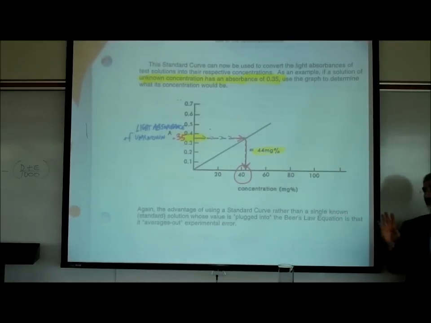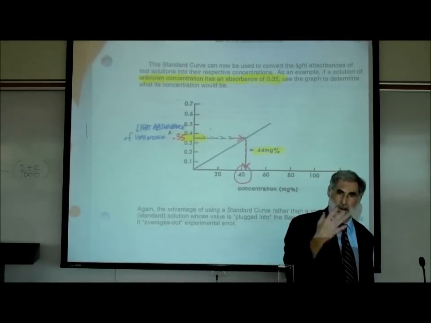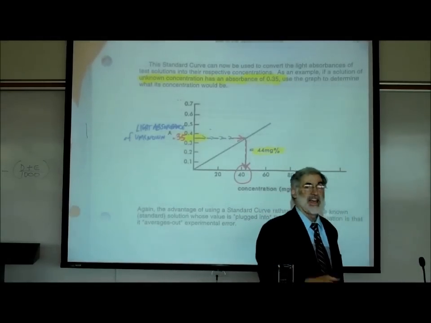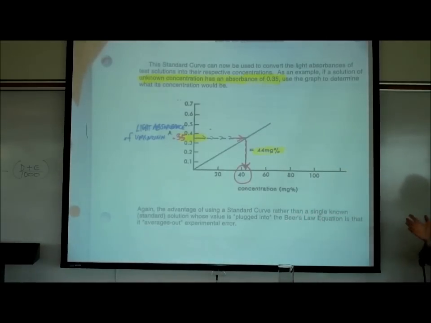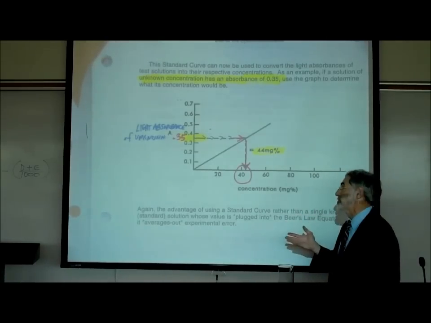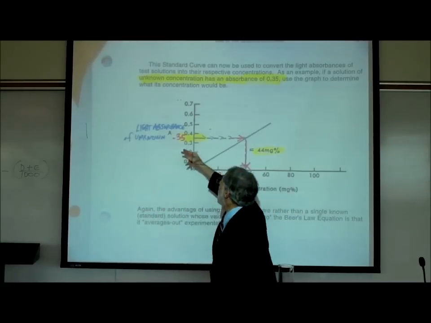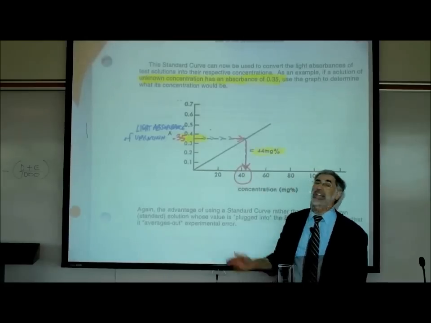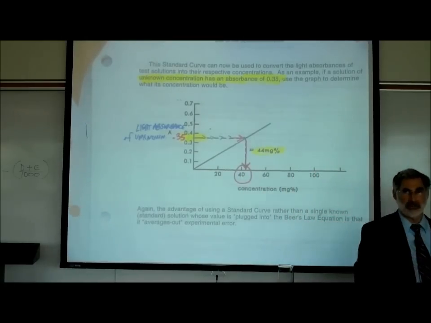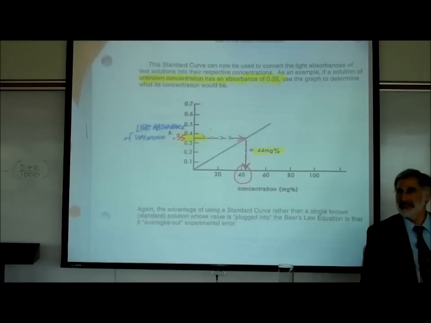So does everybody follow how, if you had to prepare a number of known solutions, you would construct a graph showing the relationship between known solutions and their light absorbance, and then how you could take an unknown solution and derive from the graph what its concentration was? Because next time we're going to be expecting you to do that.